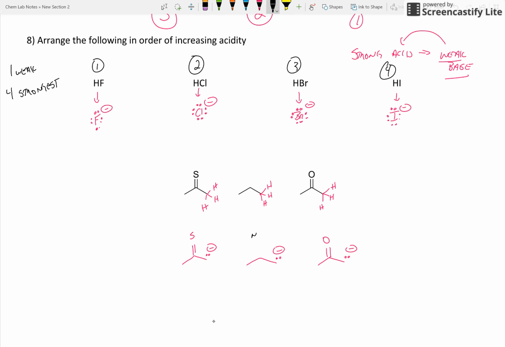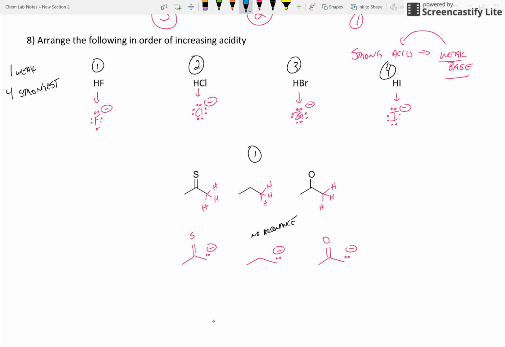We do not have any resonance here in the middle, right? No resonance means we have a very localized negative charge. A localized negative charge makes it a strong base, and strong bases make weak acids. So our weakest acid is going to be in the middle.